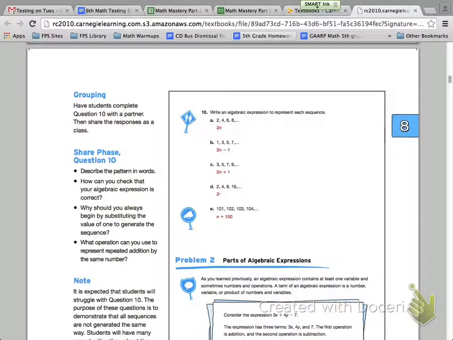The next expression is virtually the same. It's 2n minus 1, because if we look at it, the order of the numbers is 1, 3, 5, 7.